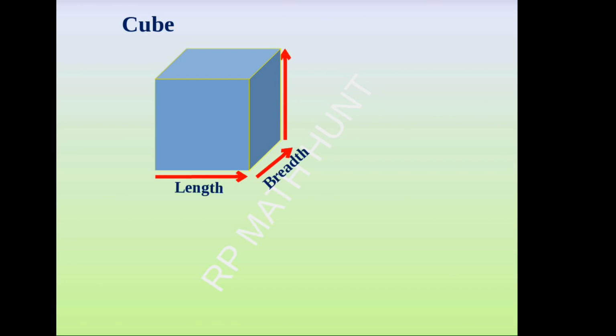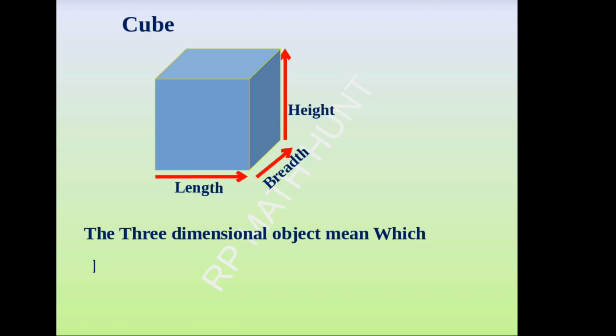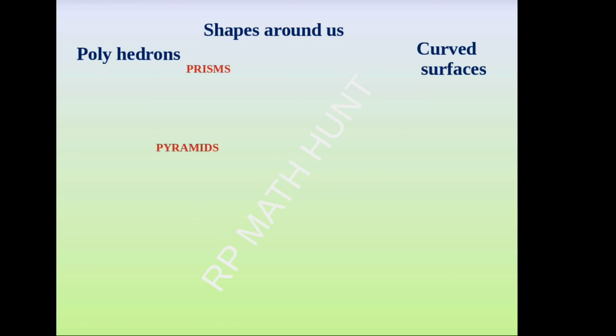Length, breadth, height. A three-dimensional object means one which has length, breadth and height. Shapes around us are mainly divided into polyhedrons and curved surfaces. Again, polyhedrons are divided into prisms, pyramids and platonic solids.